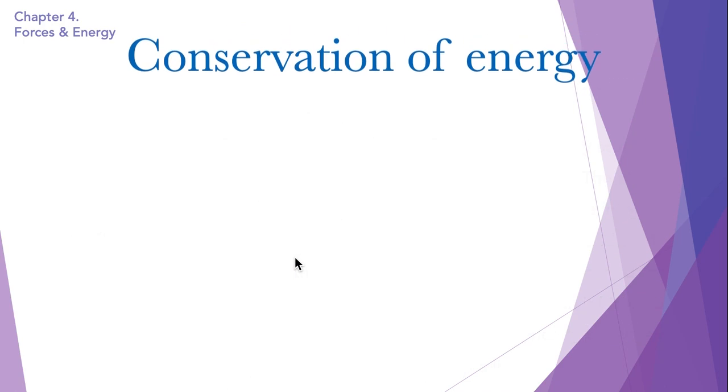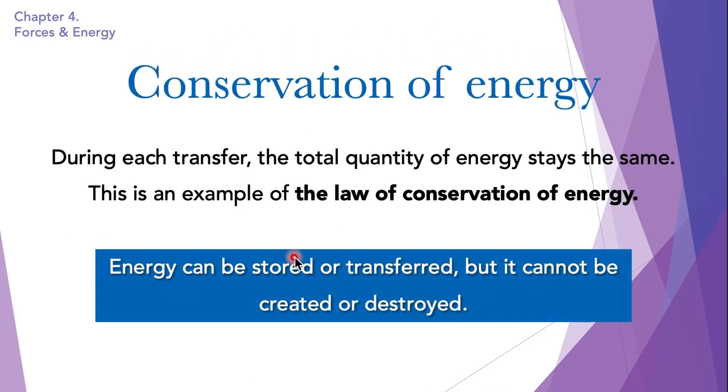That is how thermal energy is released. During each transfer, the total quantity of energy stays the same. This is an example of the law of conservation of energy: energy can be stored or transferred, but it cannot be created or destroyed. So this was conservation of energy.